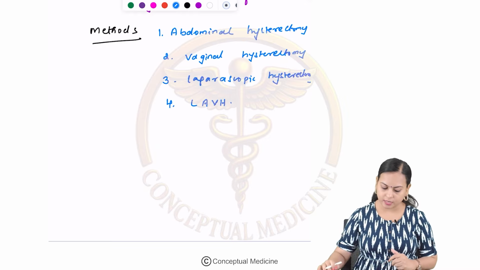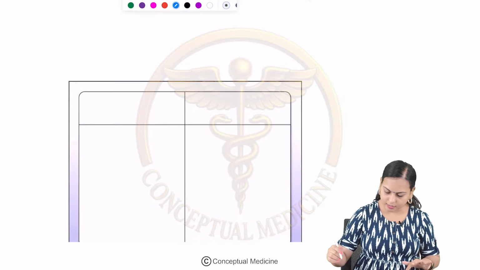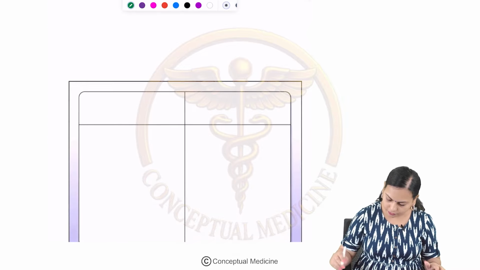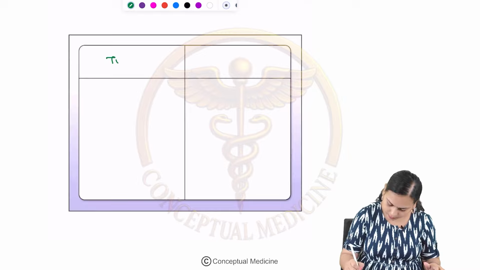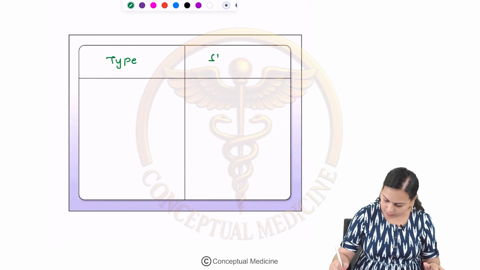Clear? Now, let's see the types of hysterectomy and the structures removed here.